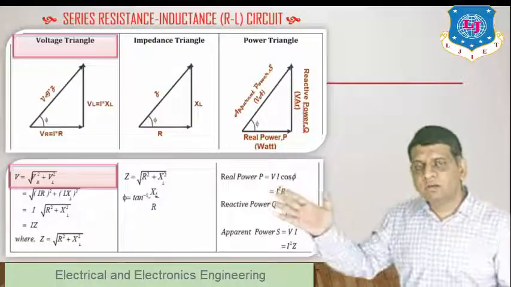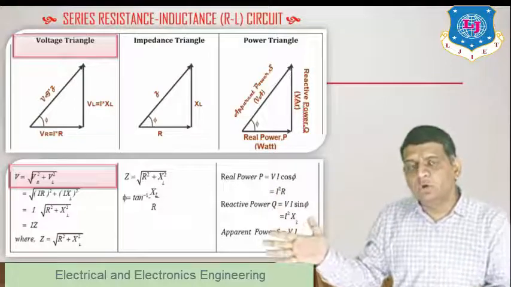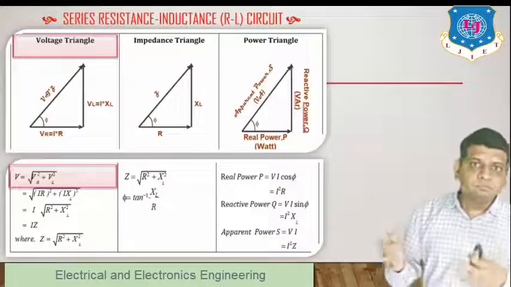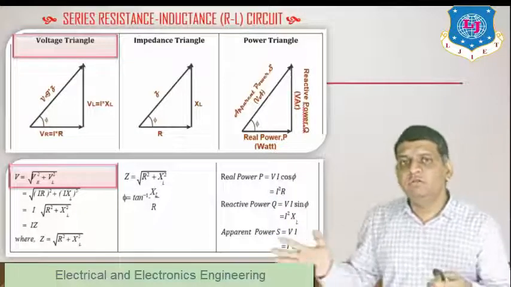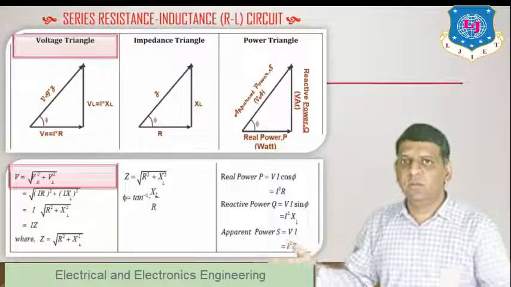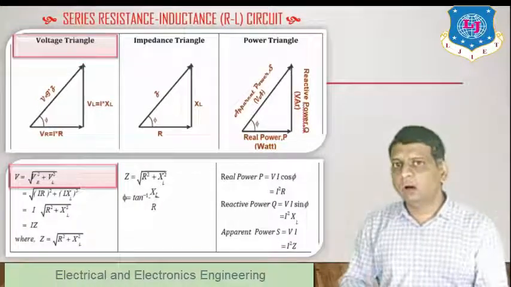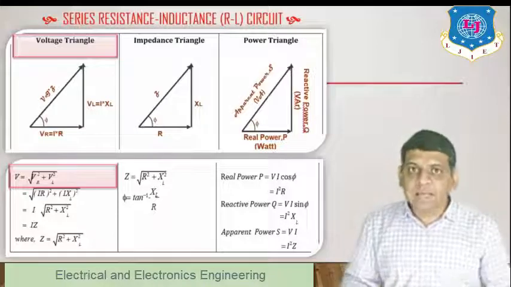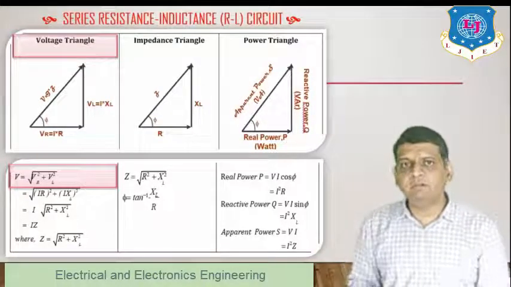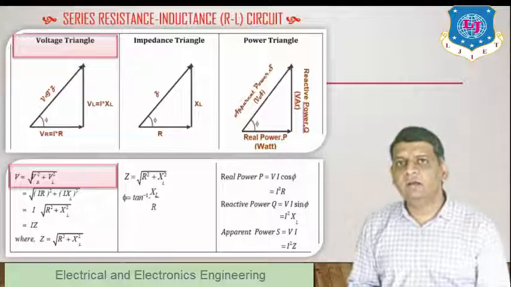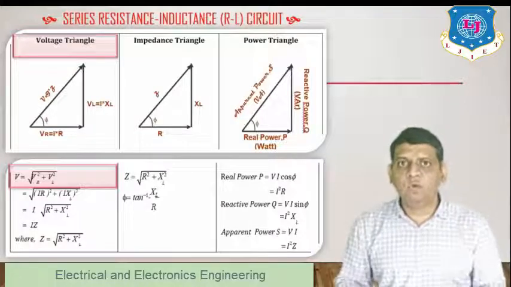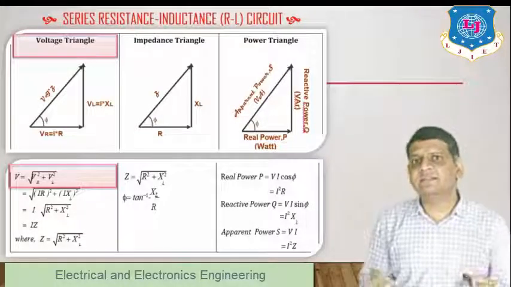So from this trigonometry, if I use the Pythagoras law, I can find V is equal to under root VR square plus VL square, where VR is equal to I into R and VL is equal to I into XL. So from this I can write V is equal to I under root R square plus XL square.